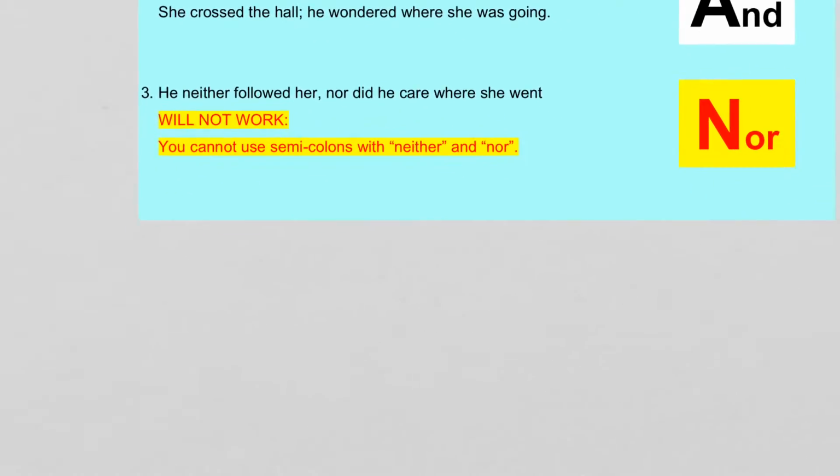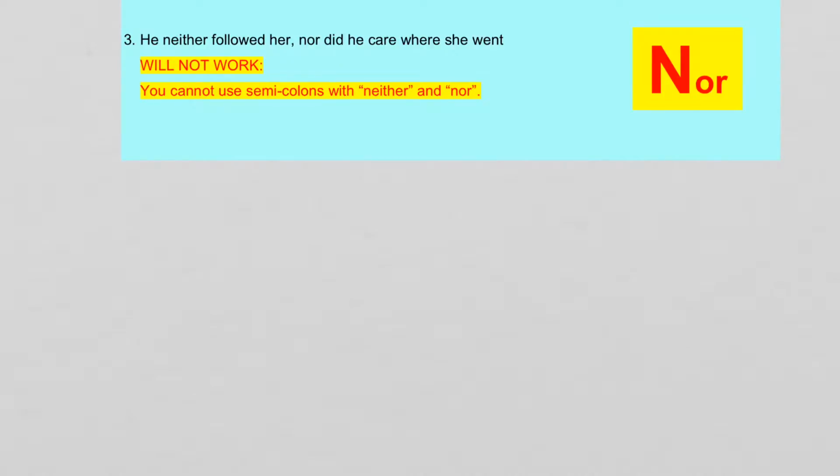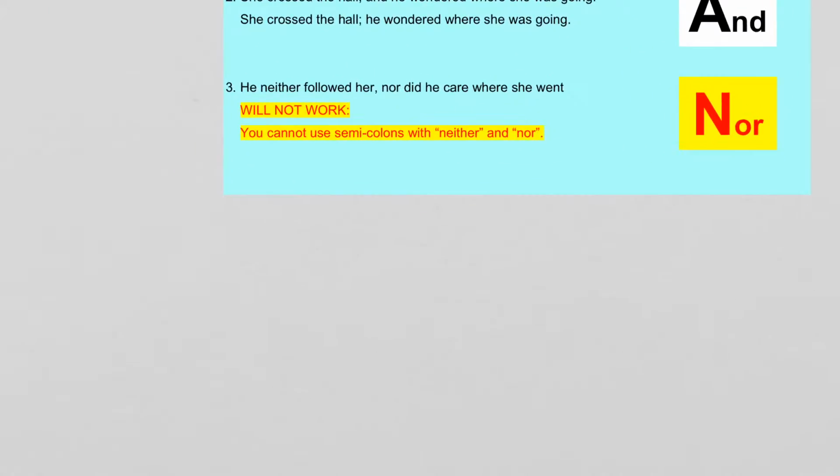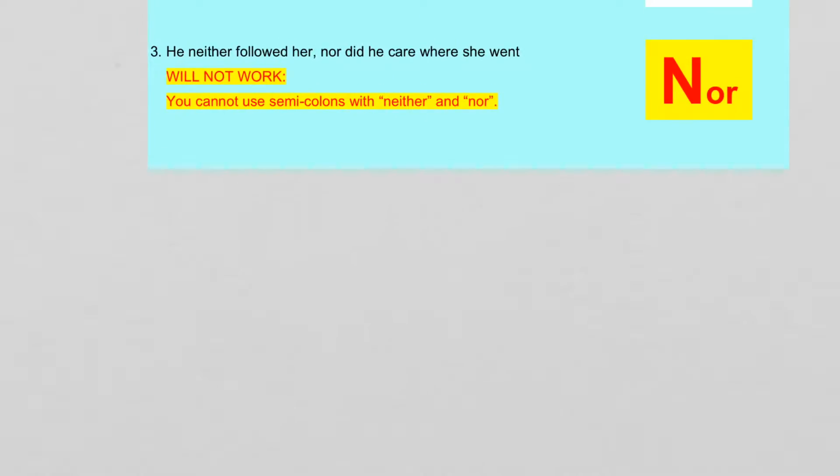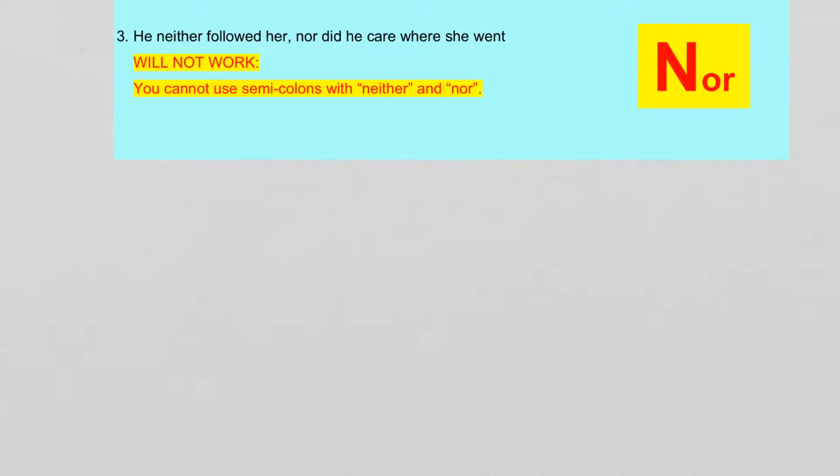Now here's an example of a conjunction that would not work, where you could not put a semicolon in, and this is the conjunction nor. When you use nor in a sentence, it's pretty special, because you have to use it with the word neither. He neither followed her nor did he care where she went.